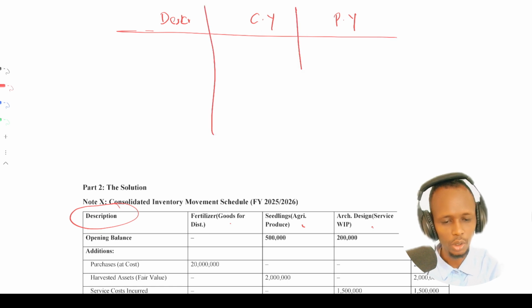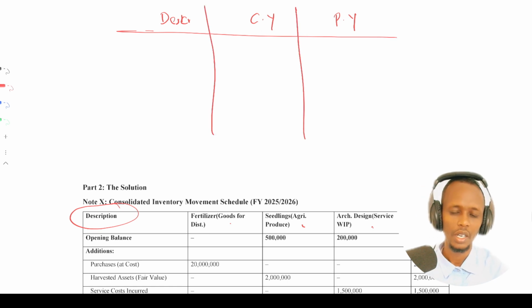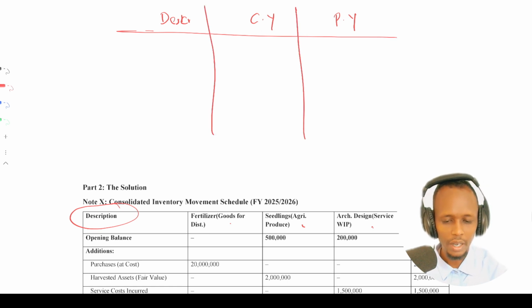This is the main note. The main note will have fertilizer, for example, class 1, fertilizer, class 2, seedling, class 3, surface.